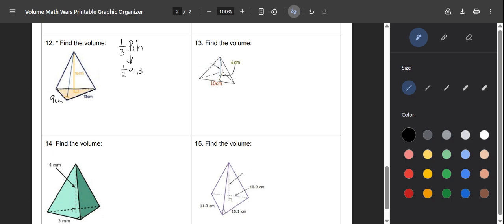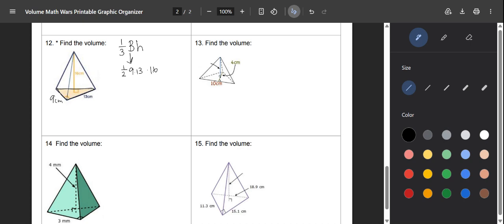What is the height of our pyramid? It is 16. And then we multiply across.